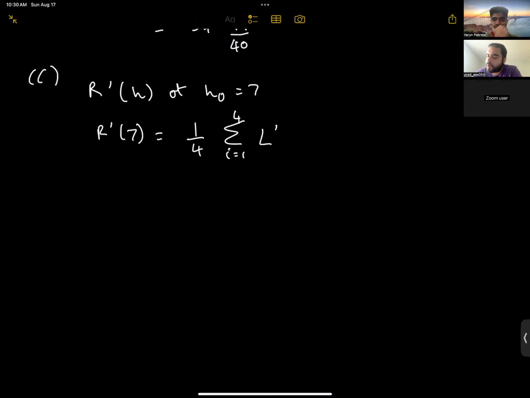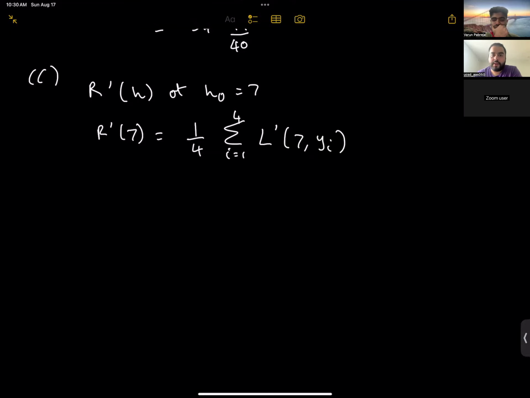Okay, so similarly to the previous part, we have to calculate R of h at h0 equals 7. So R of 7 equals 1 over 4 of the sum from i equals 1 to 4 of L of 7, y_i.